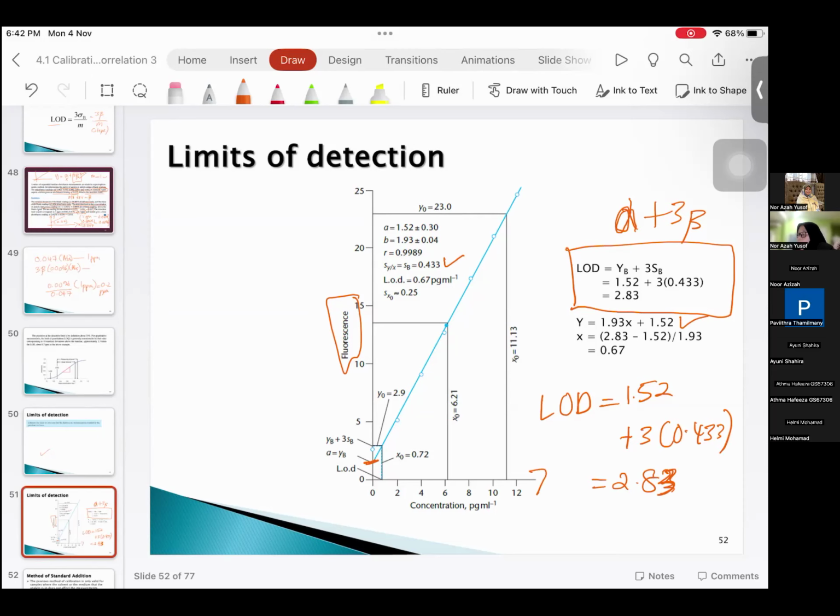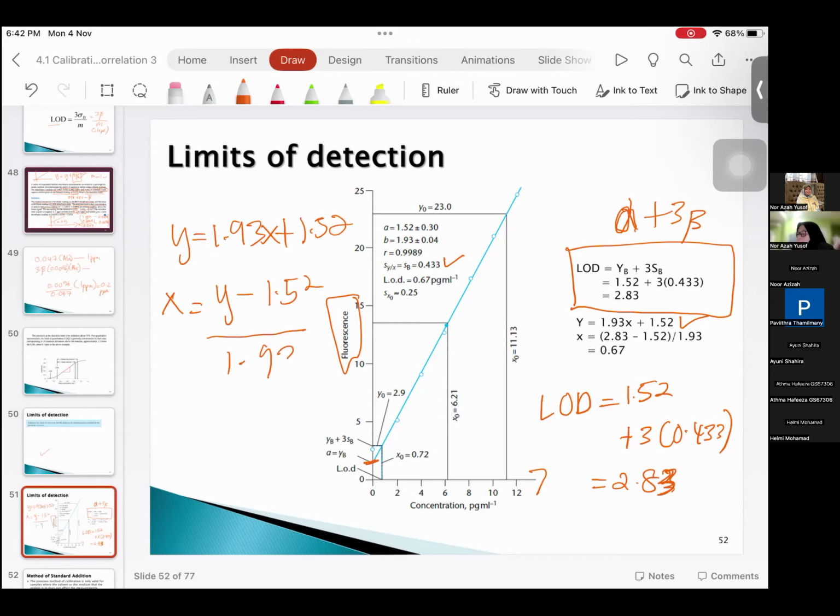How do we calculate X? Because the linear equation has been given to you, which is Y equals 1.93 X plus 1.52. So X is Y minus 1.52 divided by 1.93.